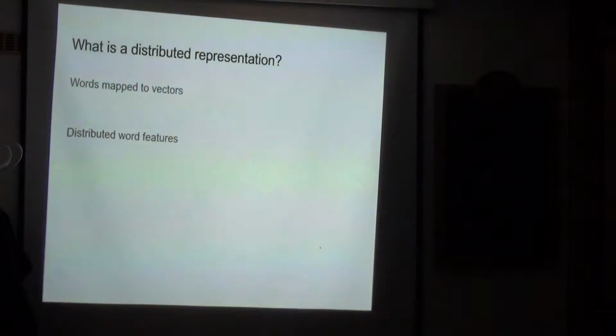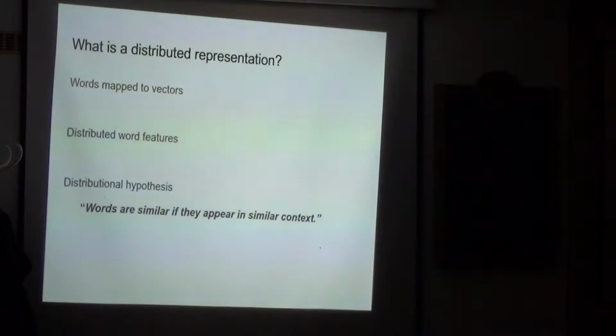Because I assume that most of you imagine some distribution across machines when we talk about distributed. So it's different here. Distributed means that word features are distributed into multiple values of the vector. And it's based on the distributional hypothesis that words are similar if they appear in similar context.